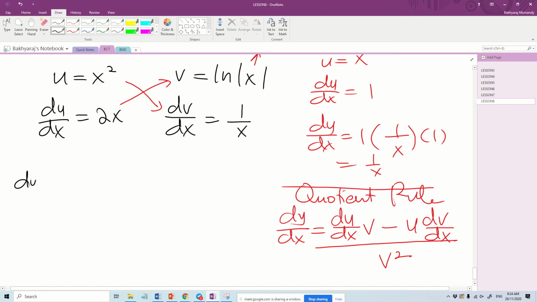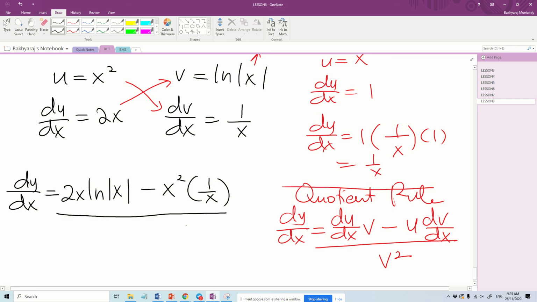So dy/dx will be equal to 2x times log x, minus x square times 1 over x, over v square, log x square. Okay, ini jadi possible.